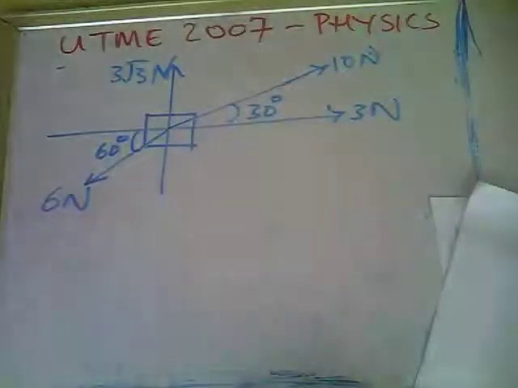Really, we want to solve problems on equilibrium again, looking at the year 2007. This is the problem that we have.